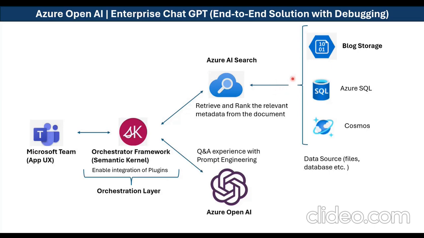Here I'm going to talk about the blob storage, where certain data files exist and which we are going to crawl. Once the data comes, we take it to Azure OpenAI, which provides the Q&A experience with prompt engineering. Prompts play a very crucial role in communicating and directing the behavior of large language models.